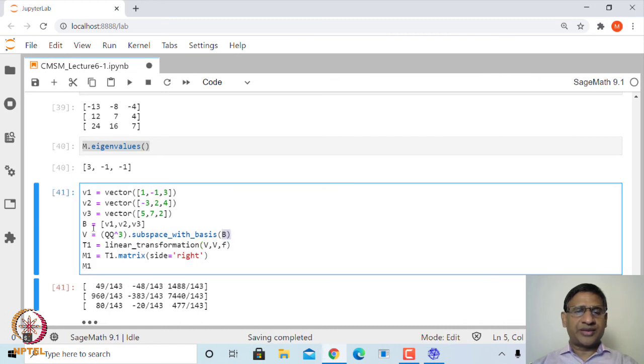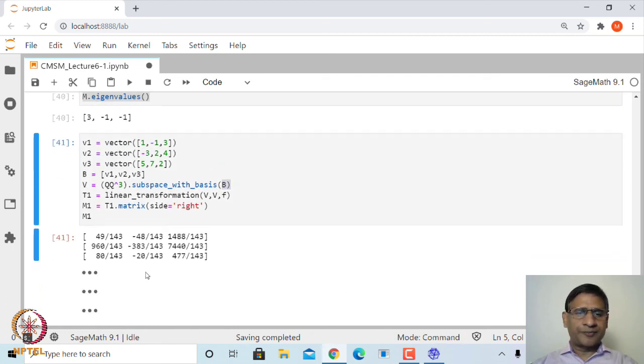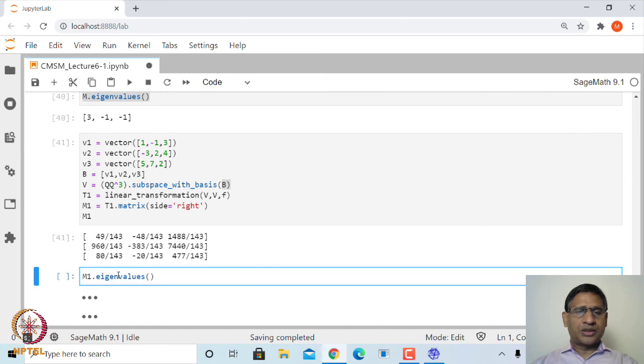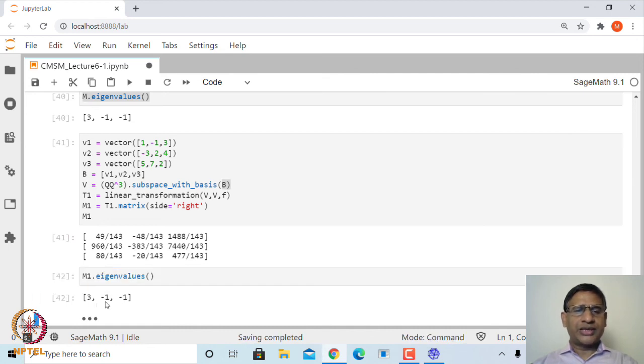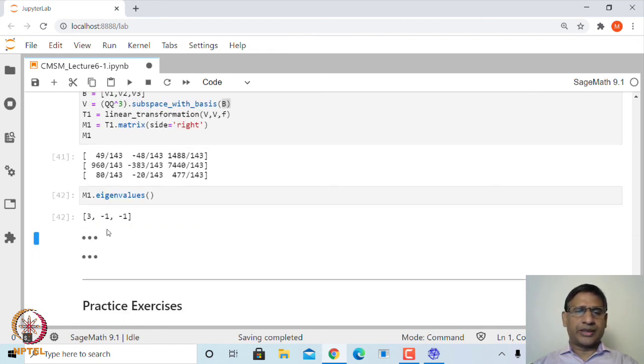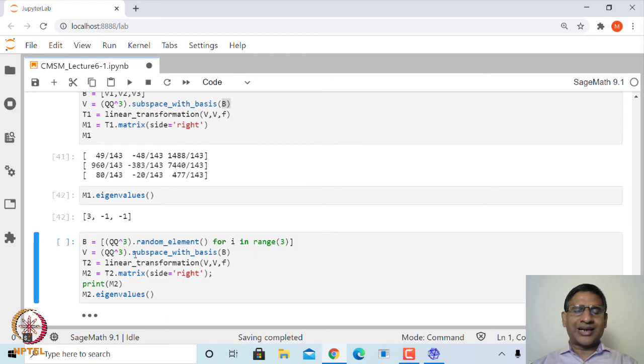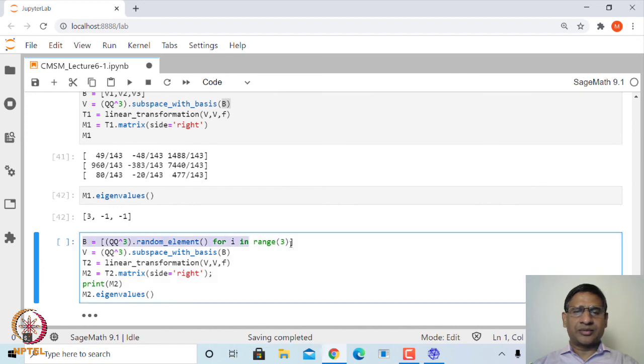Here the same basis is taken on domain and codomain. So, this is the matrix M1. Now, if you find eigenvalues of this M1, what do you see? Again you see that the eigenvalues are the same. So, change of basis has not affected the eigenvalues of M.